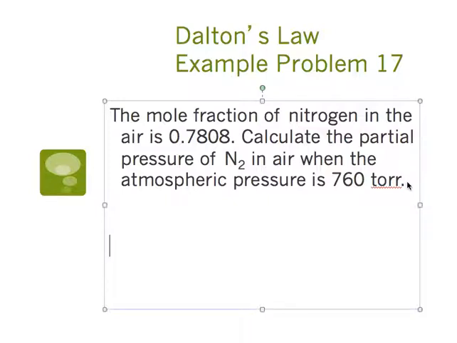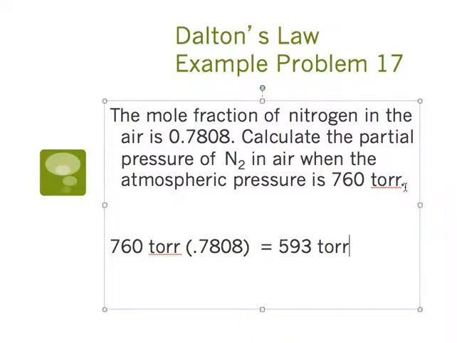Okay, again, if the total is 760 torr and 78% of the moles are nitrogen, then I'm going to just take my mole fraction, or my percentage of pressure, and multiply the two, and I'm going to get 593 torr. Hopefully pretty straightforward.